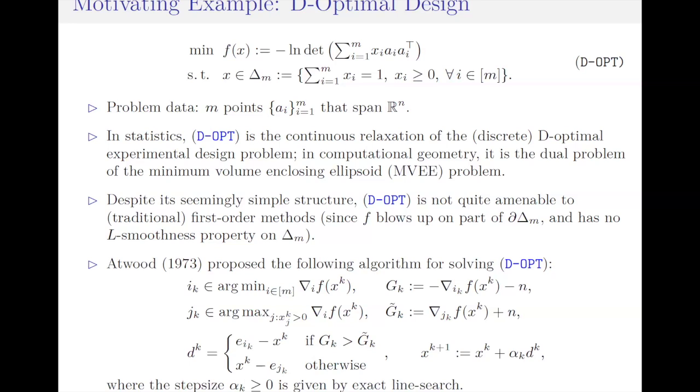But as I will show you in this talk, this algorithm actually has global linear convergence. If you recall, Frank-Wolfe has just global sublinear convergence, a 1/k rate. That's why numerically it was much better than the vanilla Frank-Wolfe algorithm: at each iteration the two algorithms have roughly the same computational burden, but this algorithm is much faster in terms of convergence rate. That's why it has better numerical performance.